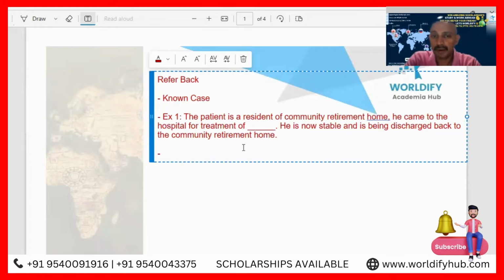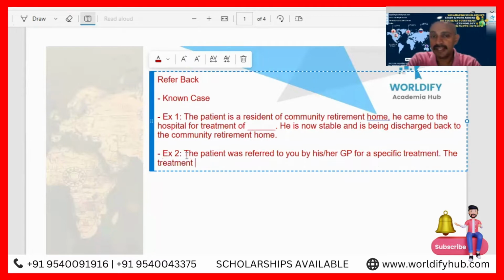Now let's speak about the second example for refer back. The patient was referred to you by his or her GP for a specific treatment.